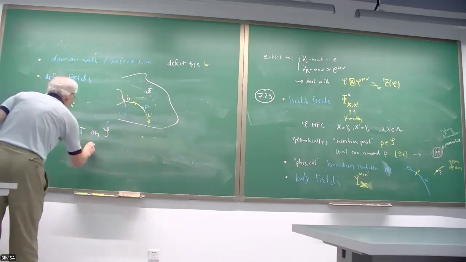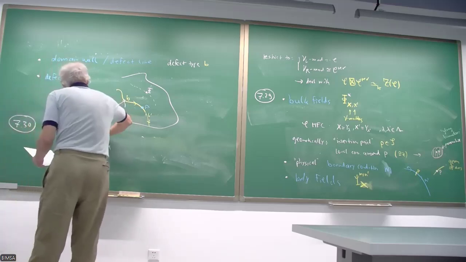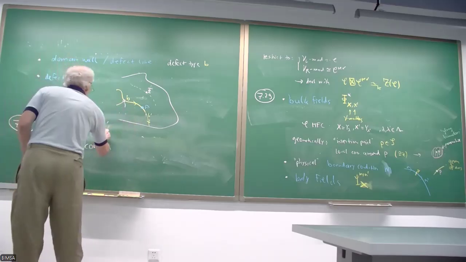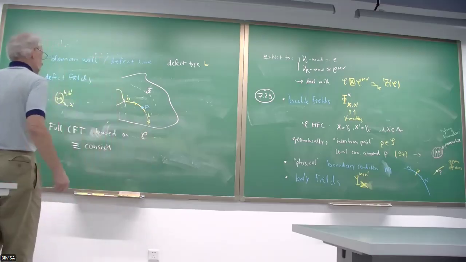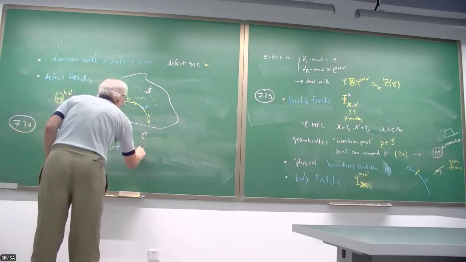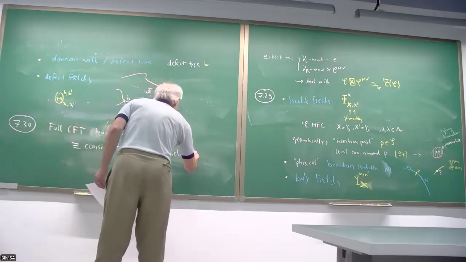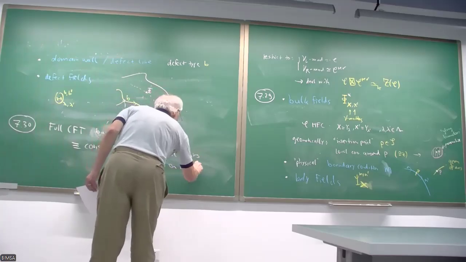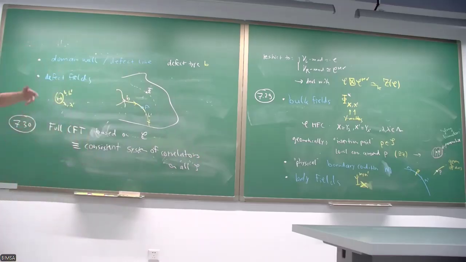It is the same as a consistent full conformal field theory based on the chiral theory with underlying category C, a consistent system of correlators in the rough sense that I had described on all possible worldsheets. So arbitrary genus, arbitrary types of field insertions, arbitrary defects, arbitrary boundary conditions, and so on.